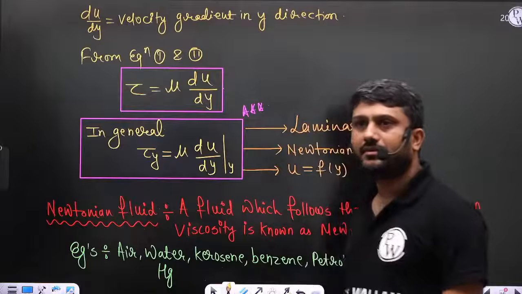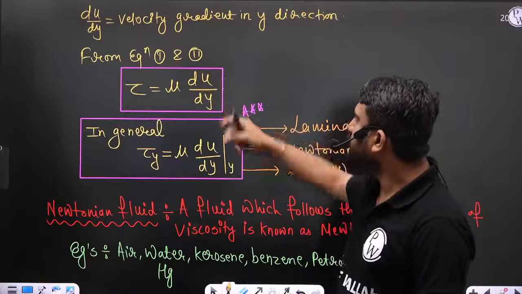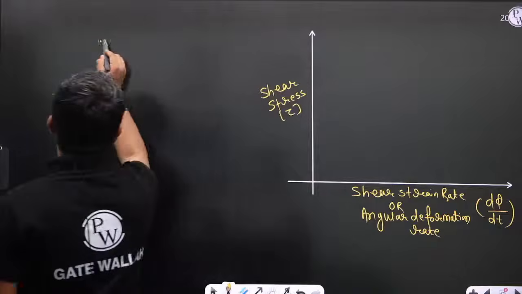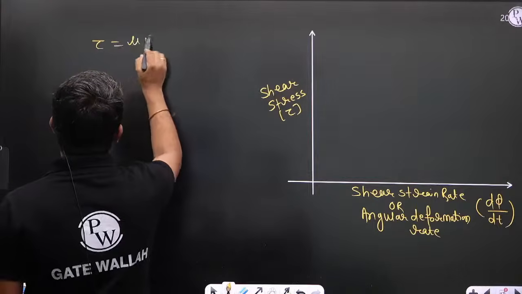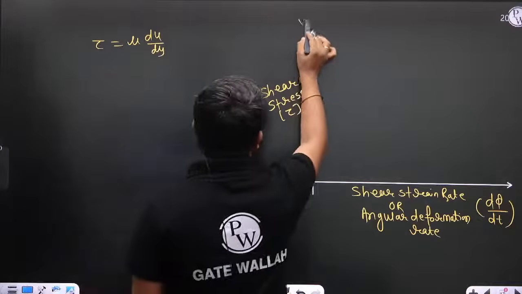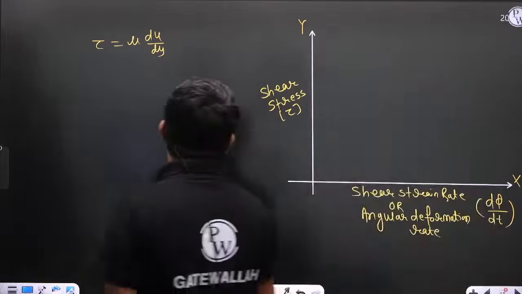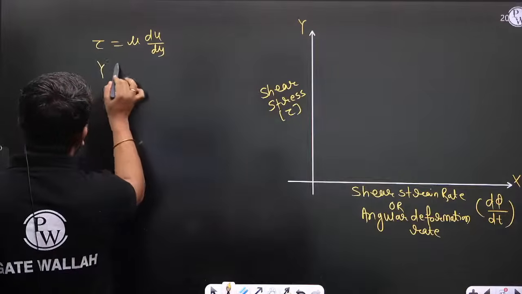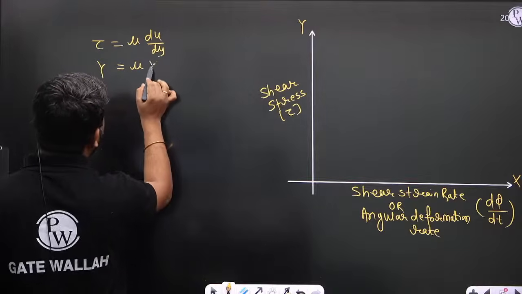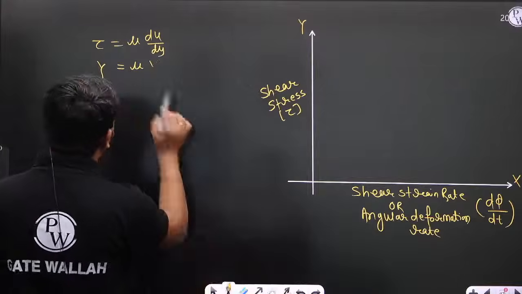See, tau is equal to mu du by dy. This is your y-axis, this is your x-axis. So tau is y, mu is the multiplier, and this is x.